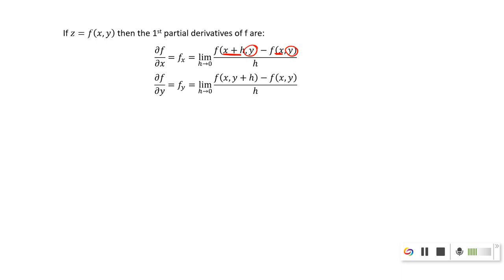When we take the derivative with respect to x, we're figuring out what happens to the z values when we change the x values. Whereas when we take the partial derivative with respect to y, we're figuring out what happens to our outputs, or our z values, as we change the y values.